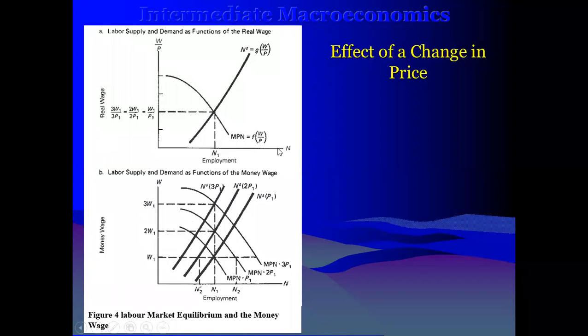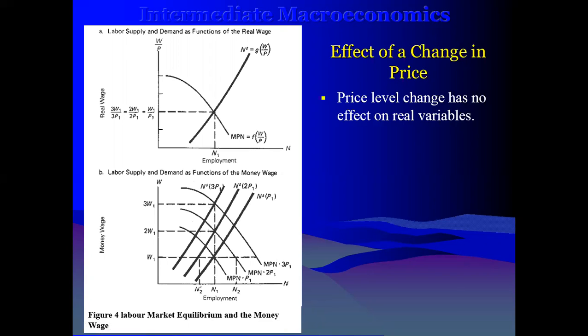But now we want to look at what happens if there's a change in the general price level: how would this affect the real wage and the equilibrium quantity of labor in the labor market? Is it going to change or is it going to be constant?